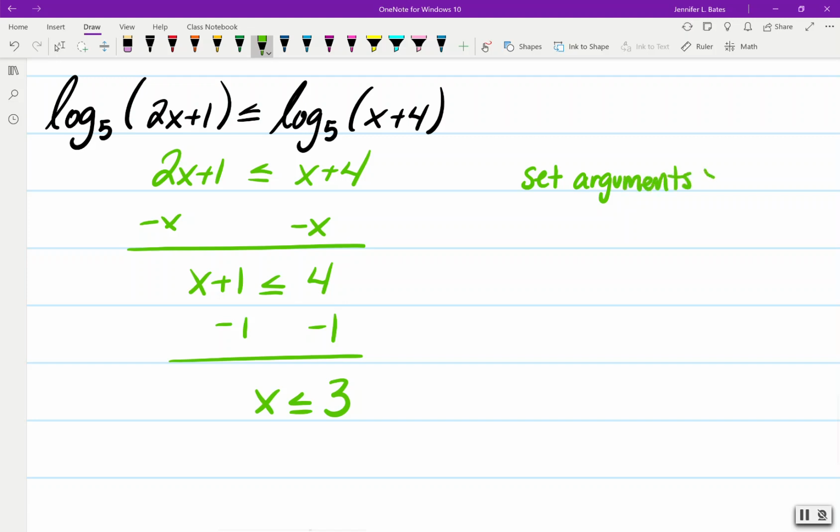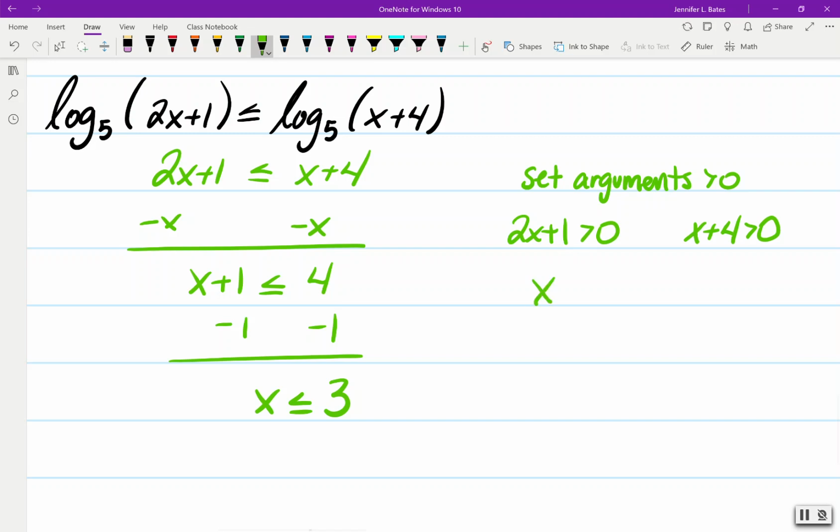We know our arguments have to be greater than 0, so we're going to set them greater than 0 and solve them.